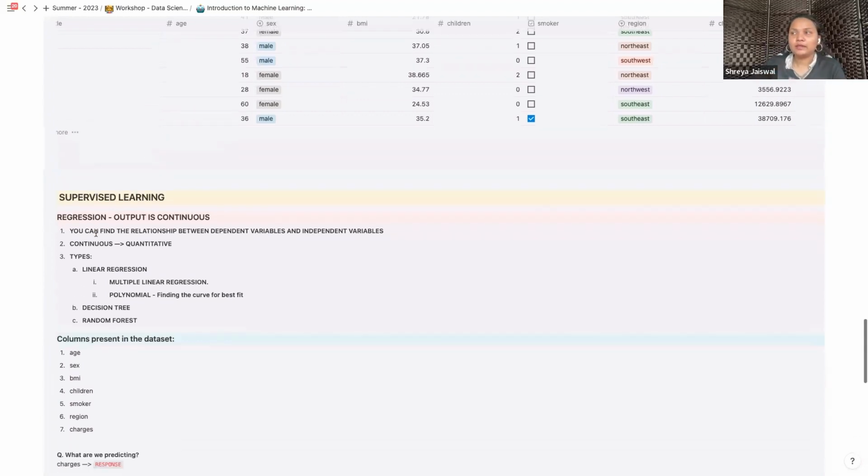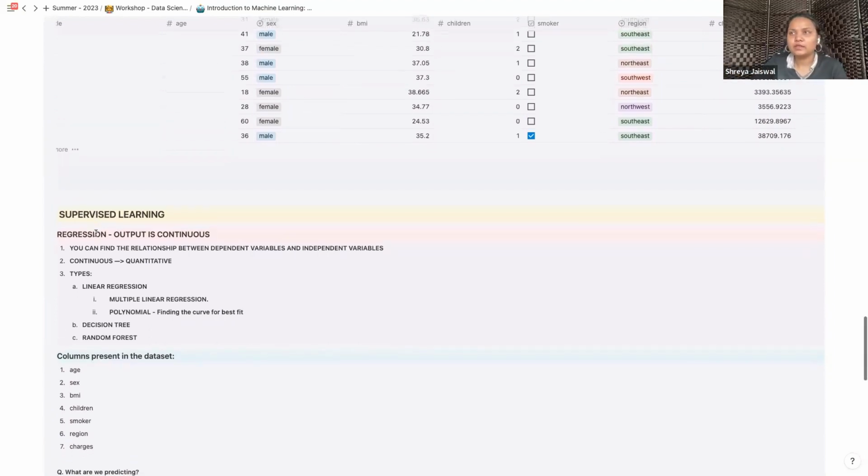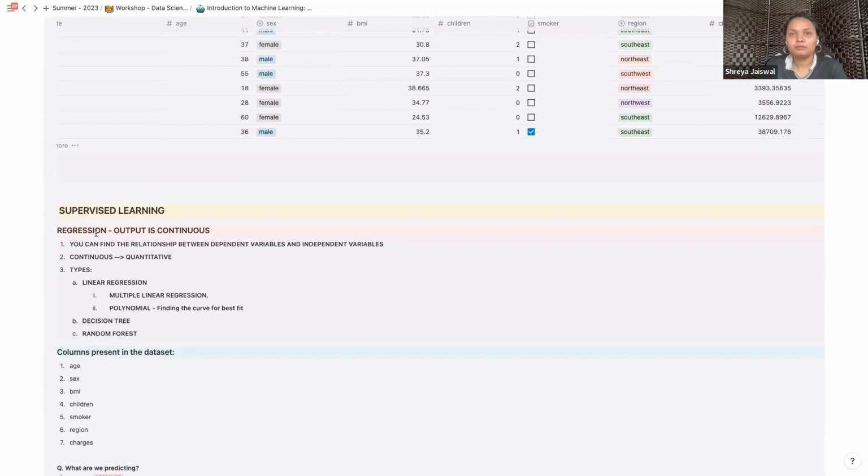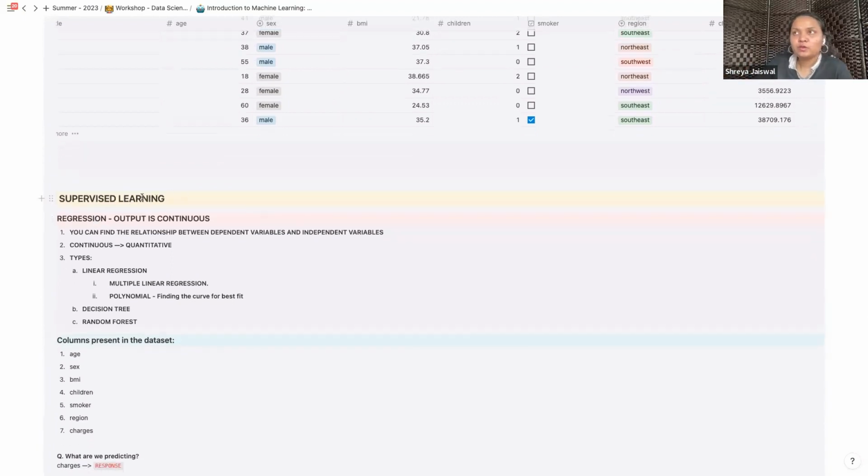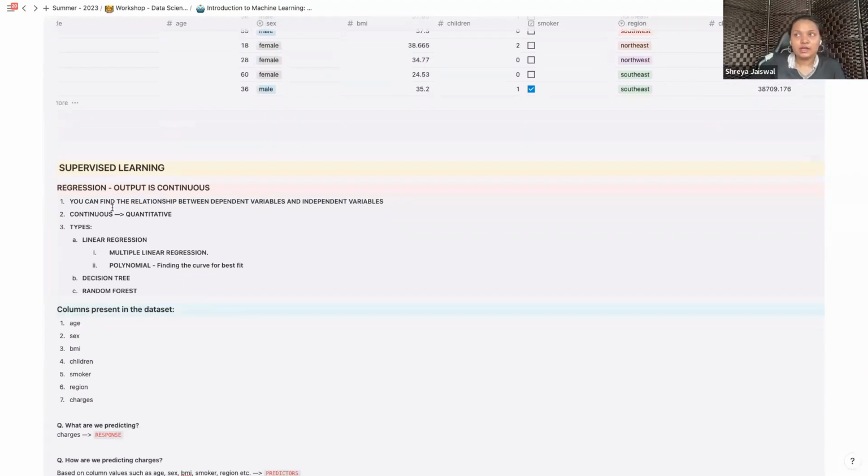When I say quantitative, I mean it can be a numerical value, like for example, charges. Charges is a numerical value, it is continuous. So it is giving me some quantitative value, right? When we are dealing with supervised learning and the output is continuous and quantitative, we usually go for the regression algorithm.